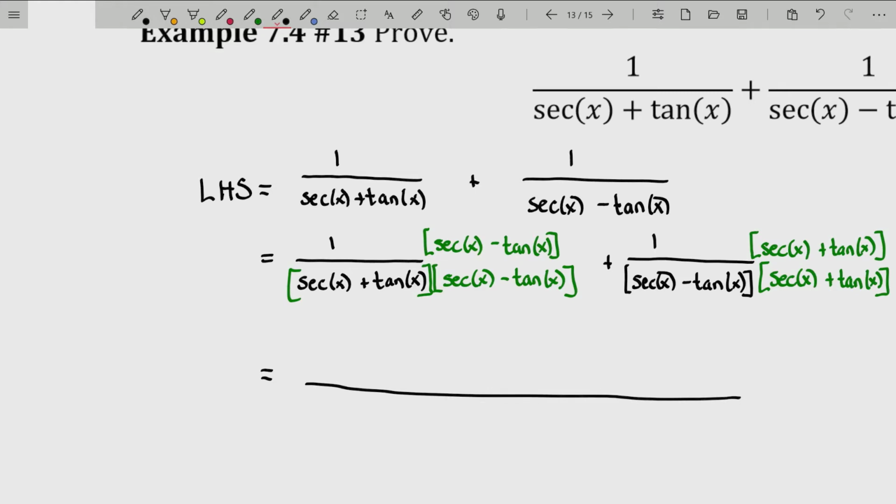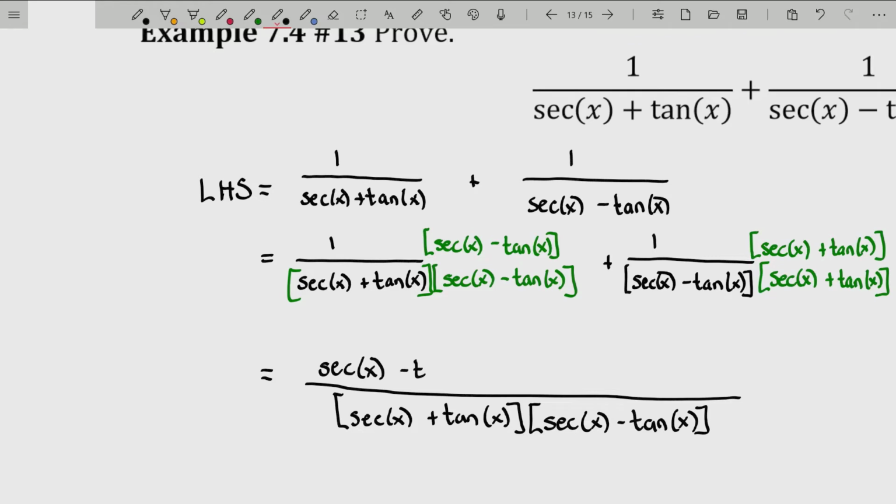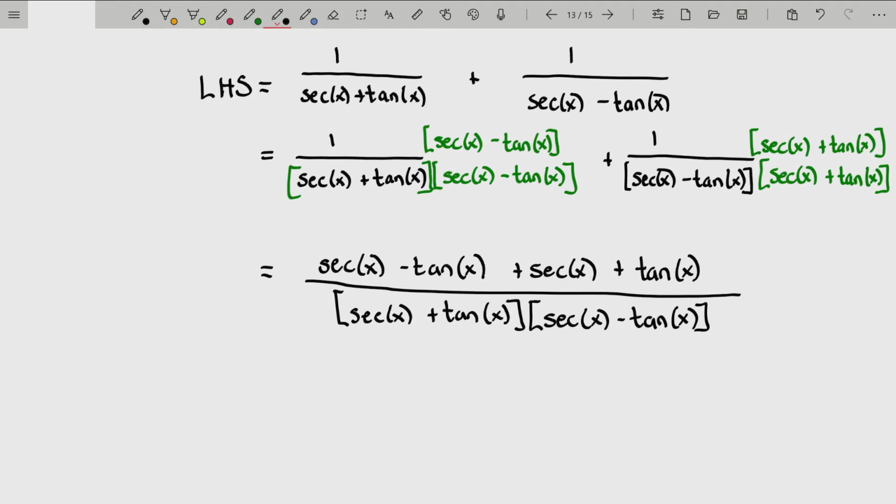The common denominator is secant of x plus tangent of x times secant of x minus tangent of x, which by the way is a difference of squares formula. The numerator is secant of x minus tangent of x plus secant of x plus tangent of x. You can see in the numerators the tangents cancel and the secants combine to become a 2 secant.